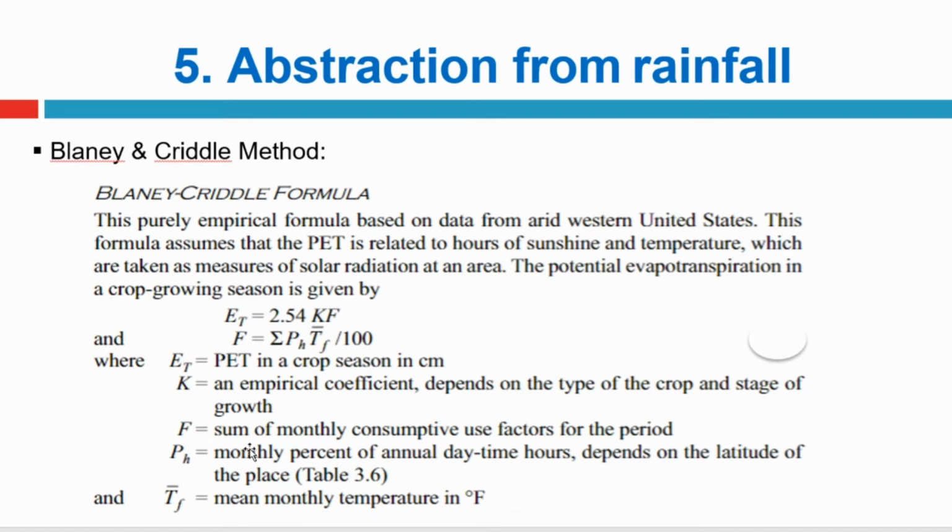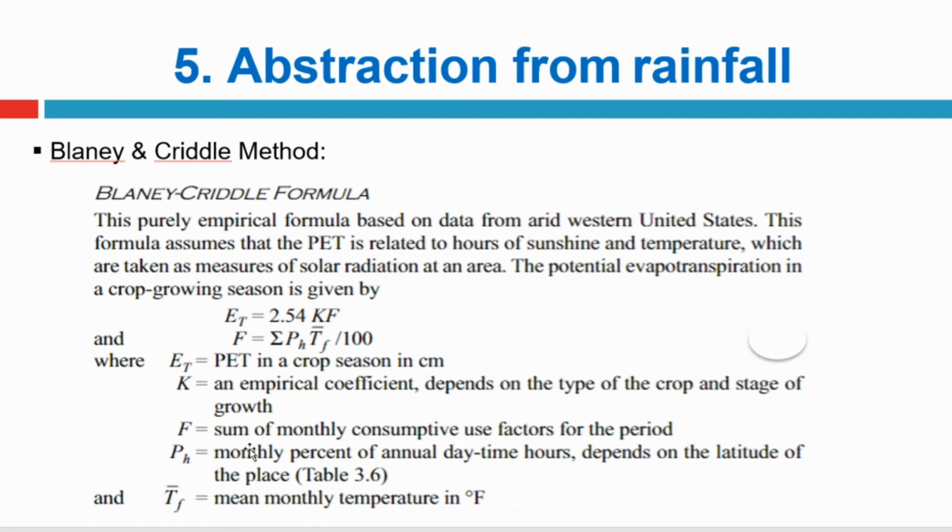Every day they account the daytime hours, as there are night hours and daytime hours. The daytime hours are cumulated for one month, and then the percentage is taken for the annual period. There is a chart that will be given to you, and based on that you can find out for January, February, or any given month the percentage of daytime hours for that year.